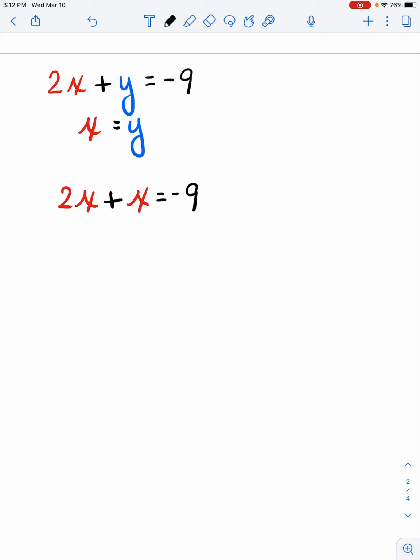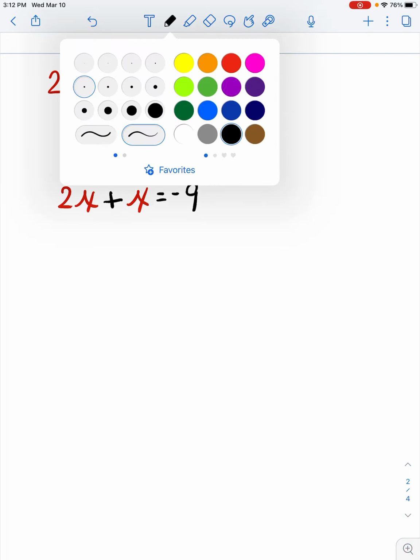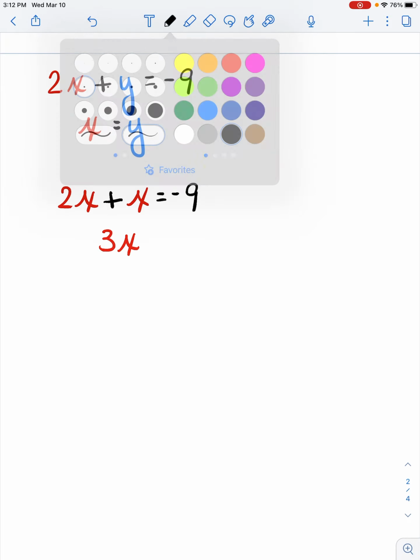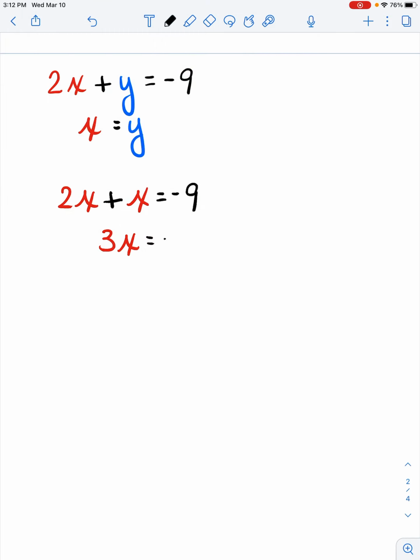And now I'm just going to combine my like terms. 2x plus x is 3x. And so 3x has to be equal to negative 9. And now I'm just going to divide both sides by 3.